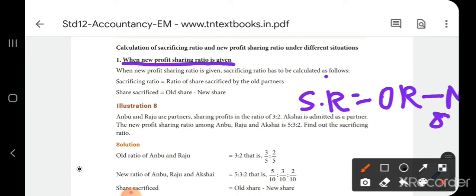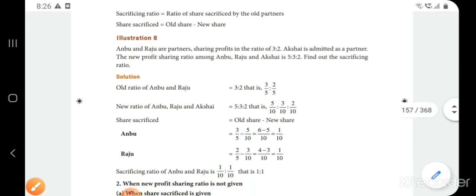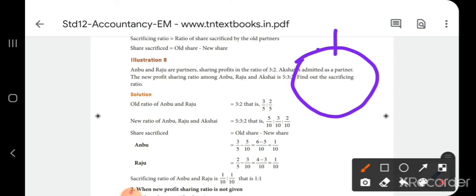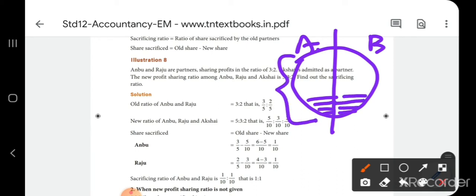Old share minus new share. See here, A, B. How much has A sacrificed? If you calculate the old share minus the new share, it will give you the sacrificing ratio. Okay.